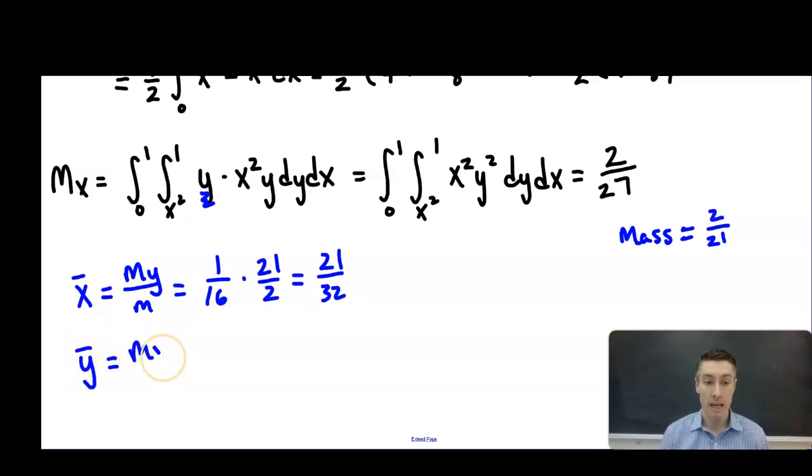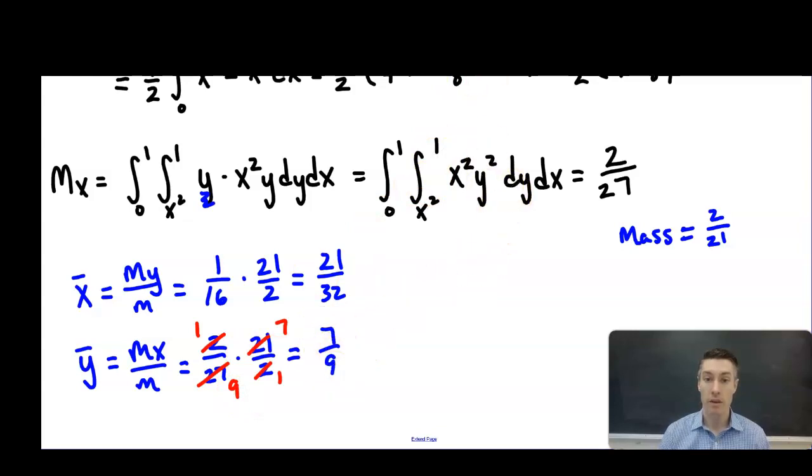Y bar, we're taking the moment about the x-axis, dividing it by mass. So 2/27 times 21/2. We do get some reduction here. The 2's reduce, and then the 21 and the 27 reduce. So we get 7/9.